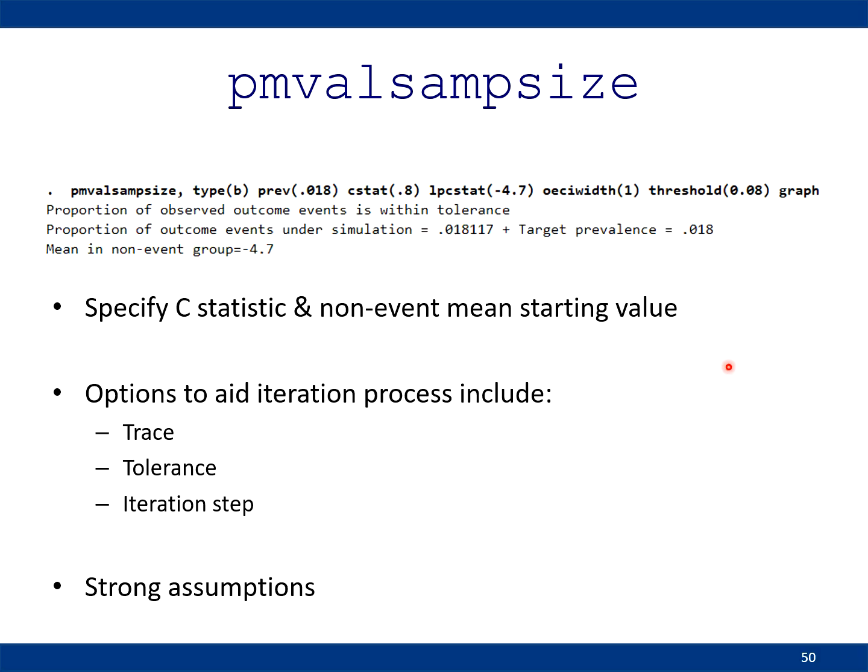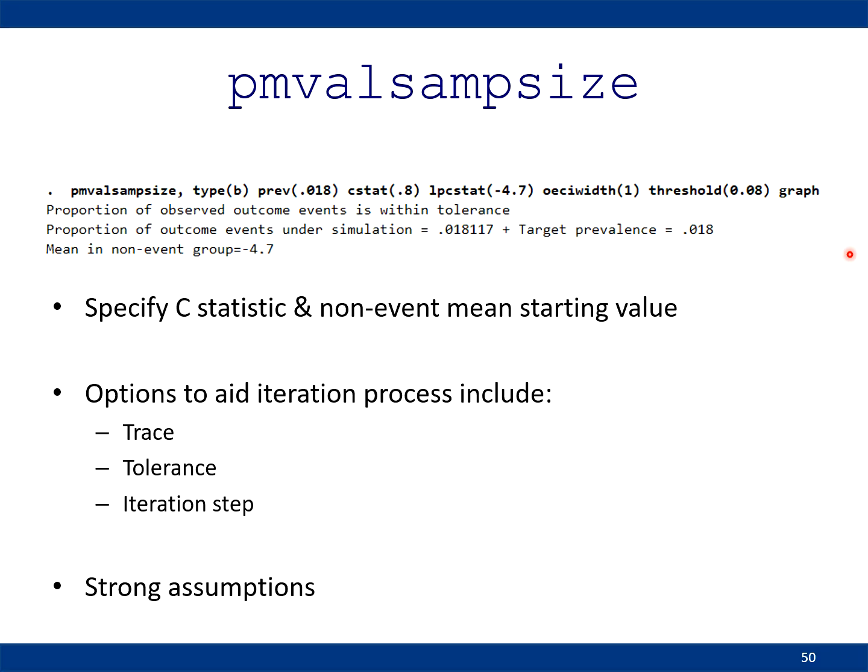If we do look to use that LP C-stat option, where we specify the C-statistic to generate our linear predictor distribution, then we need to specify two parameters: the C-statistic and a starting value for the mean of the non-events distribution. PM_val_samp_size then uses an iterative approach to find the appropriate parameters for the LP distributions, ensuring that the simulated data has a similar outcome prevalence to that you've specified.